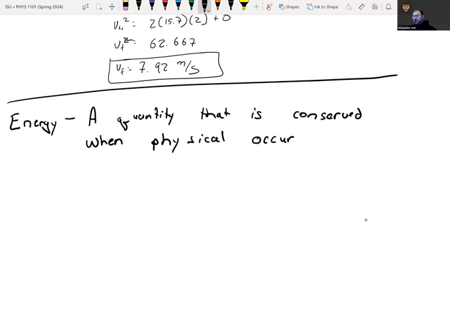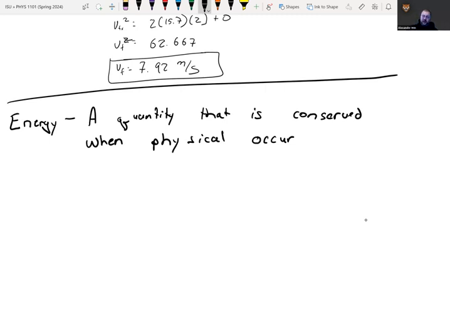And that is actually why energy is useful. We could calculate whole bunches of quantities about different systems, but not all of them will be conserved. The ones that are conserved when something happens to a system, those are the ones that are most interesting. So this is why energy is useful.